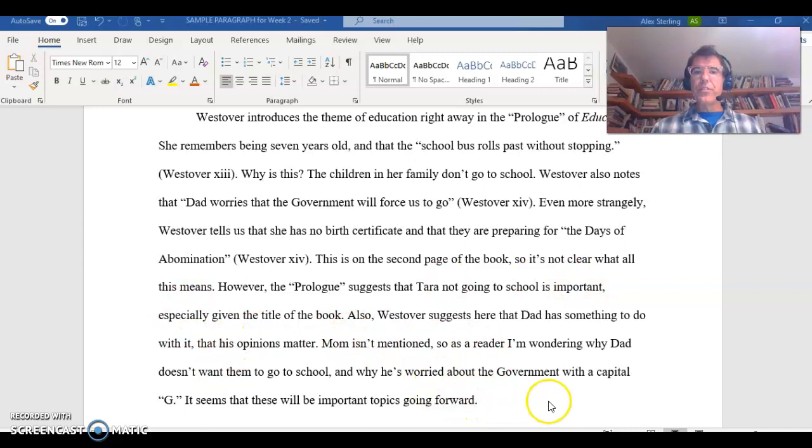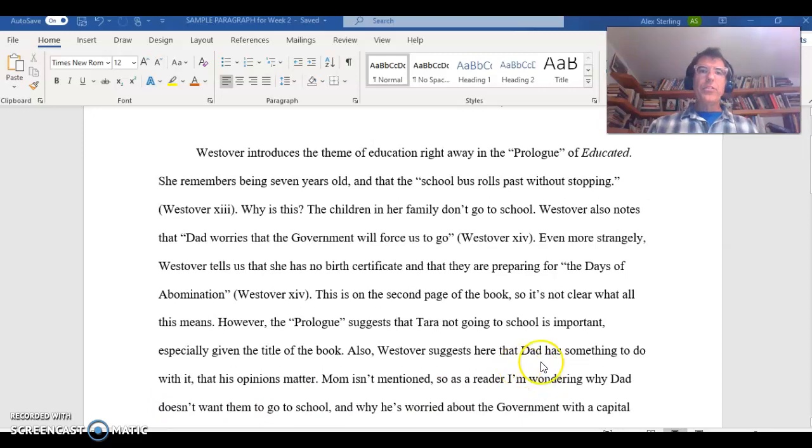Also, Westover suggests here that Dad has something to do with it, that his opinions matter. Mom isn't mentioned. So as a reader, I'm wondering why Dad doesn't want them to go to school and why he's worried about the government with a capital G. It seems that these will be important topics going forward."